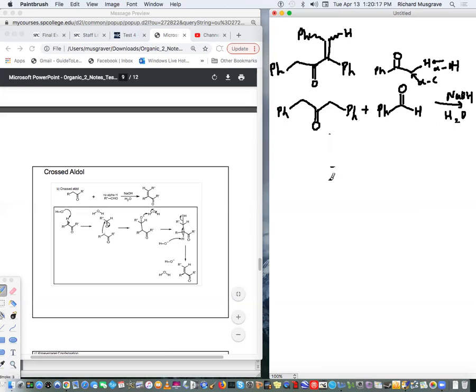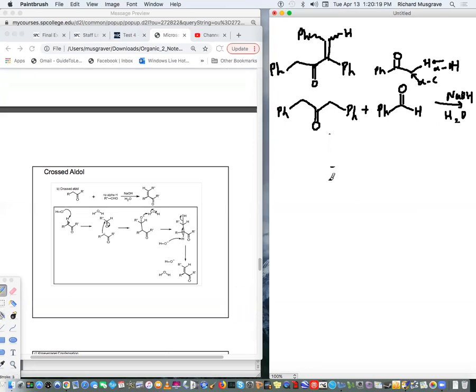So let's continue on with the mechanism here. So the first step is the same as what we did before. And again, it doesn't matter which alpha hydrogen we remove, because this one is symmetric.